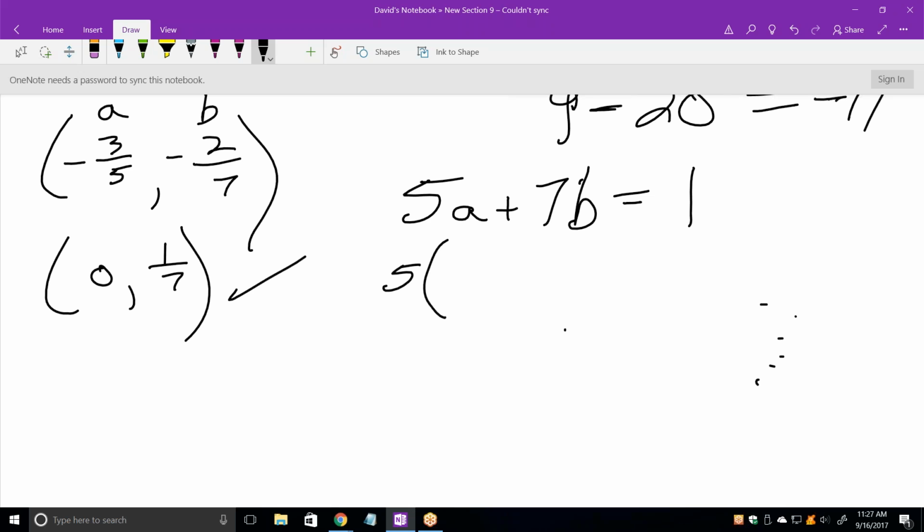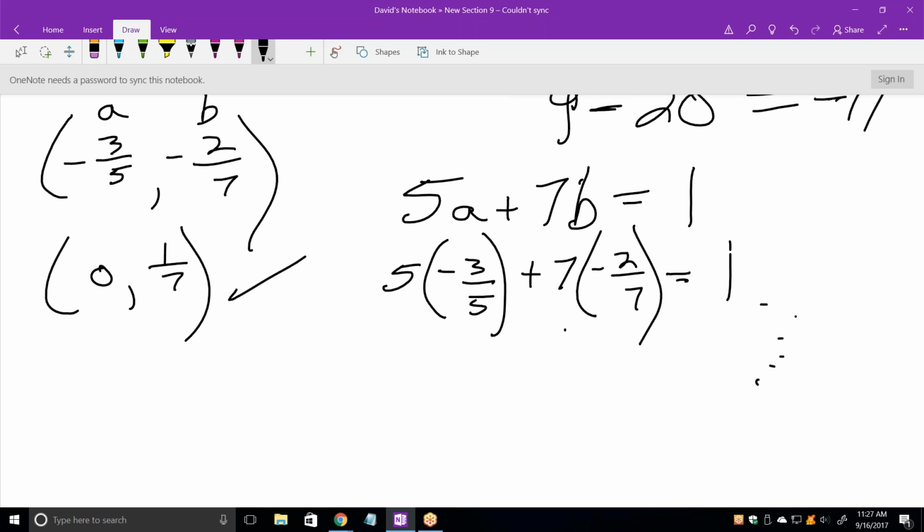I'm just plugging in. I find it easier to leave that negative sign out front like that rather than attaching it to the denominator or the numerator. Now, notice they've made this pretty easy.